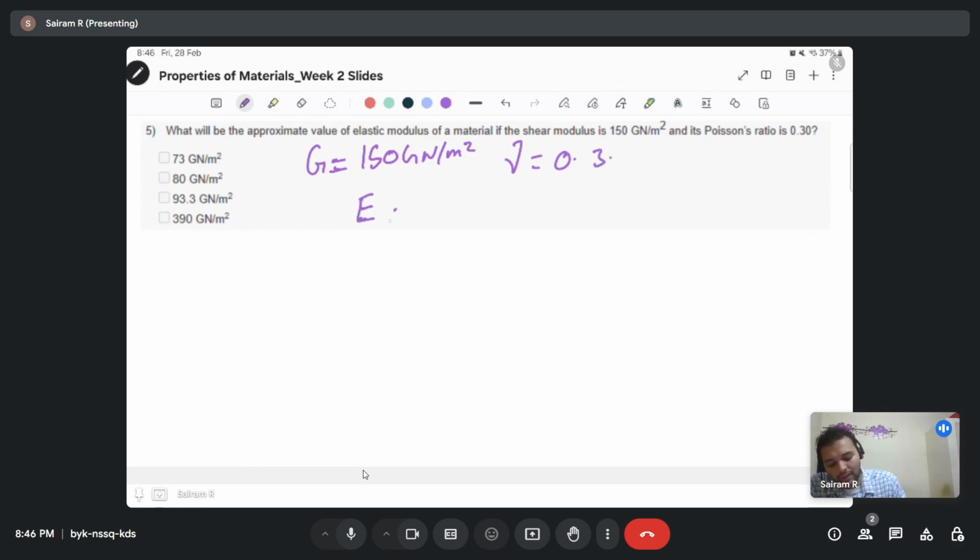So what is the relation between E, G and nu? We know G equals E by 2 into (1 plus nu).